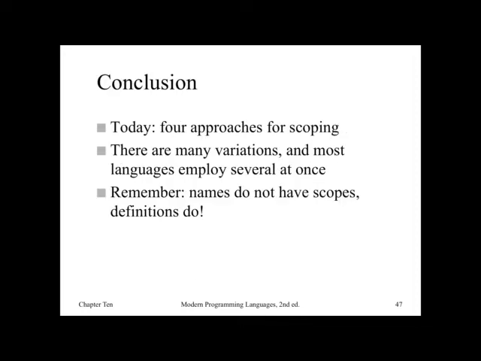So here's our conclusion for chapter 10. We talked about a lot of different variations of scoping, and then this one, I don't remember if it was really evoked solidly in the slides, but as a reiteration: it's definitions that have scopes, not the names.